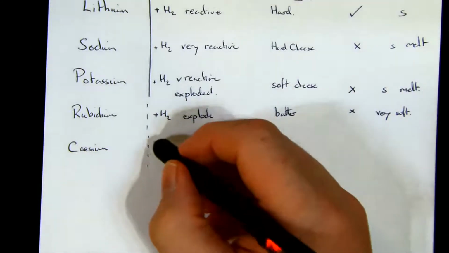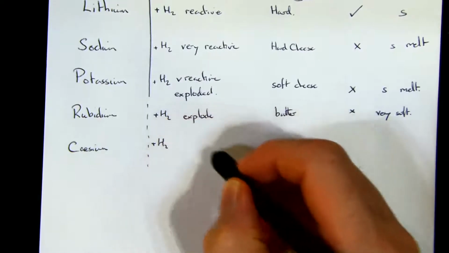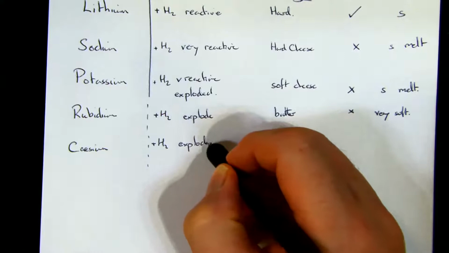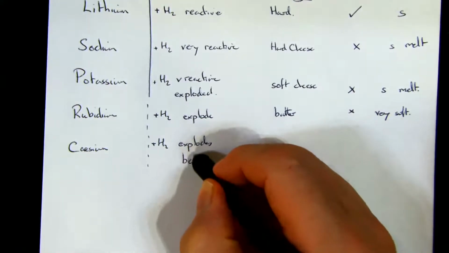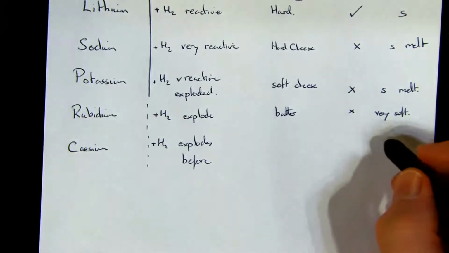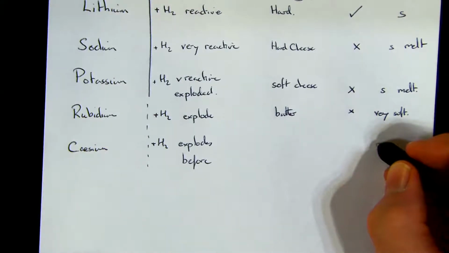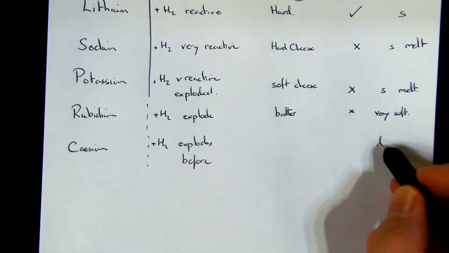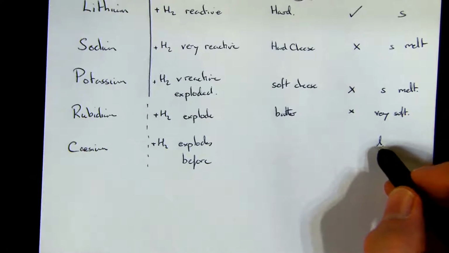Cesium, well, this one, yes, it gives hydrogen again. This one normally explodes before it hits the water. Cutting is usually irrelevant because this one is normally liquid, with a melting point in the high 20s, low 30s.